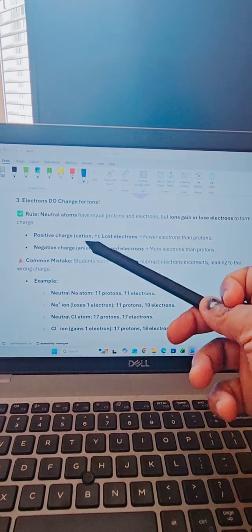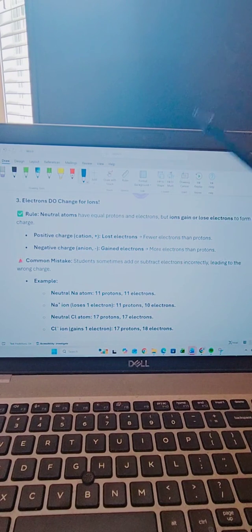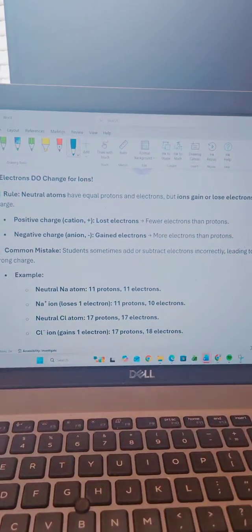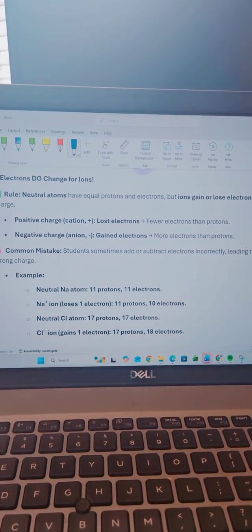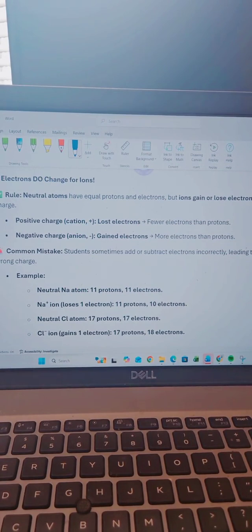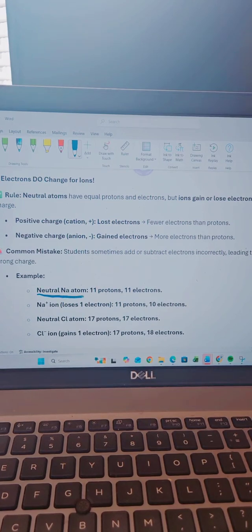So if you have a positive charge, that means you are losing electrons. So even though it's positively charged, that means you subtract. And if it's negatively charged, that means you add. So if I say that you have a neutral atom, that means on my periodic table, when I see atomic number 11, that's going to tell me 11 protons, 11 electrons, because it has an atomic number of 11.